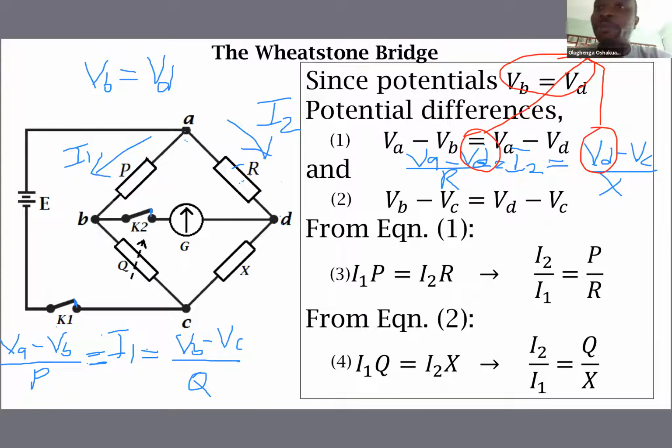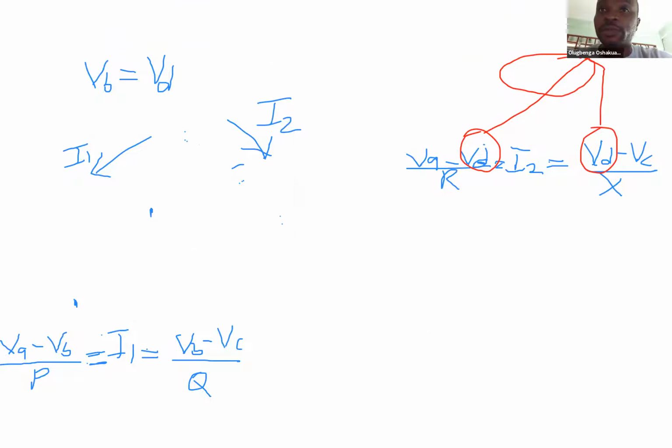Let's get a blank screen. So I1P will be equal to VA minus VB. So here we have replaced the VD with VB.